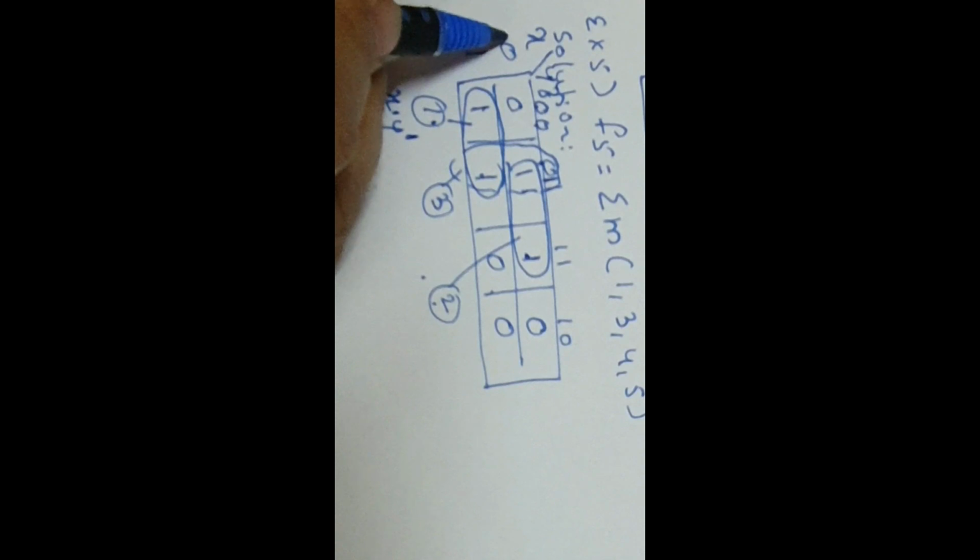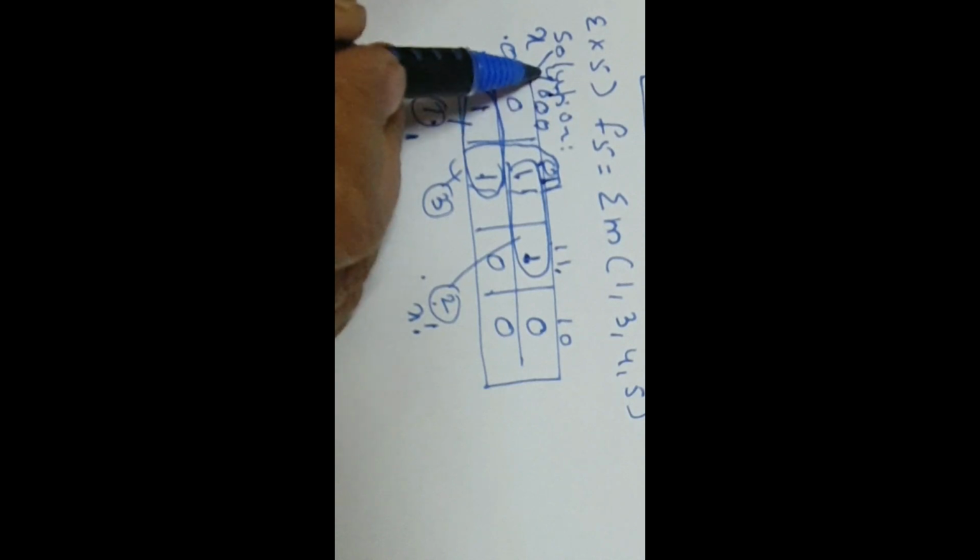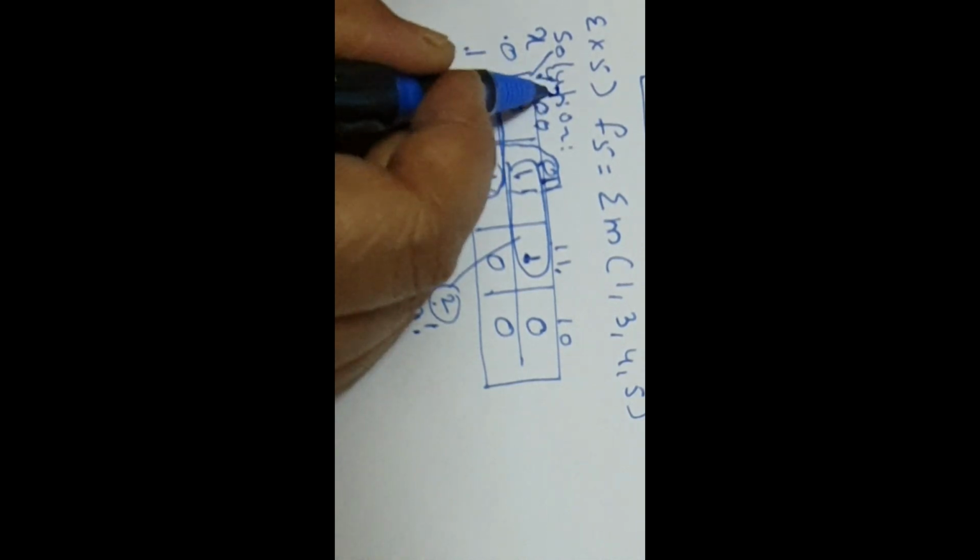For the second group, these two ones, X is 0 for them, so X dash is common. Then for these two ones, there are two columns, 01 and 11, in which these two ones are covered. The first bit is Y, the second is Z. So this is Z.